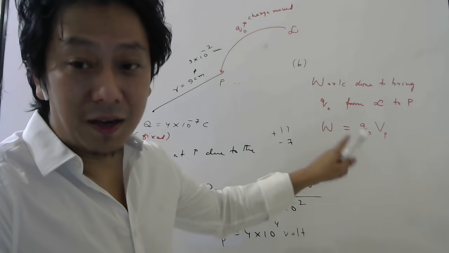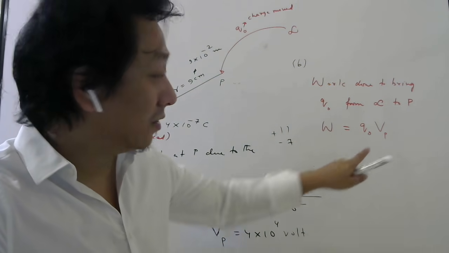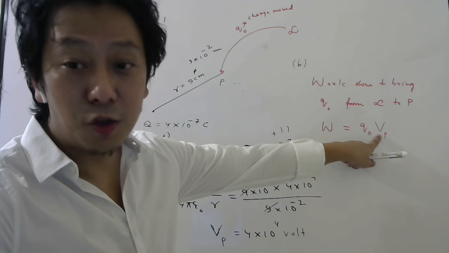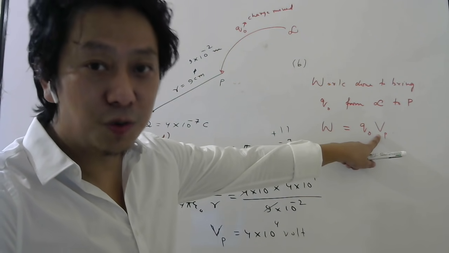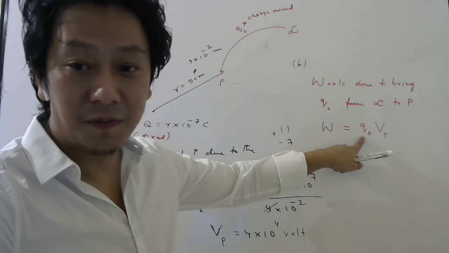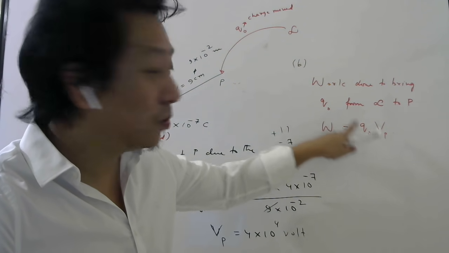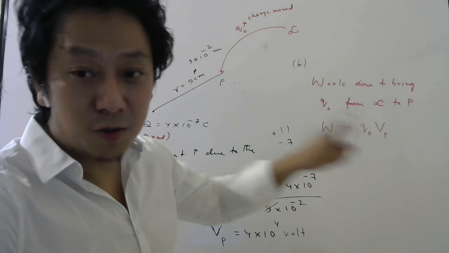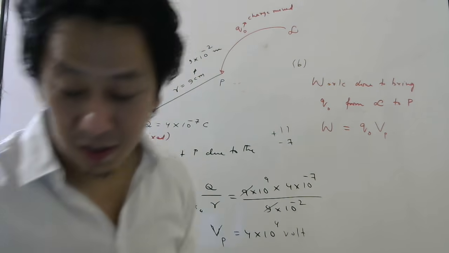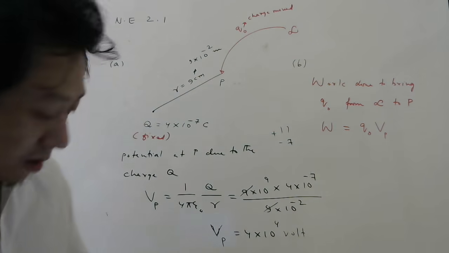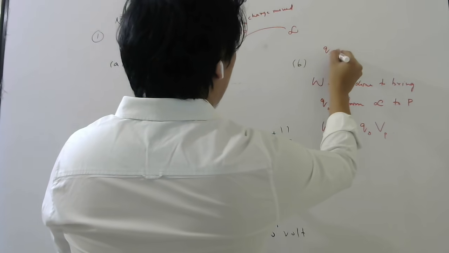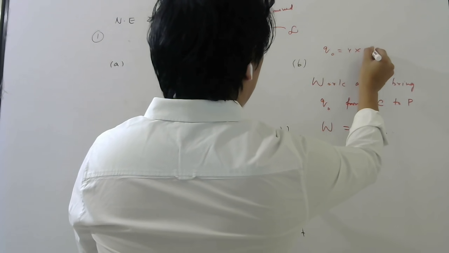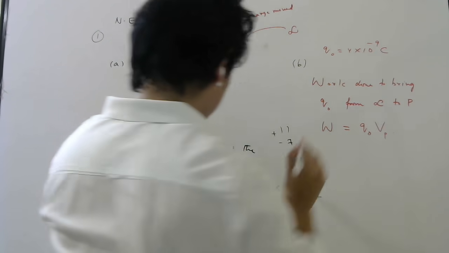Understand very carefully everything. This is work done to bring unit charge. So to bring 2 coulomb charge, you have to multiply with 2. In this question, they want you to bring Q naught charge, so you have to multiply with Q naught. The value of the charge which they are bringing, Q naught, is given as 4 into 10 power minus 9 coulomb.